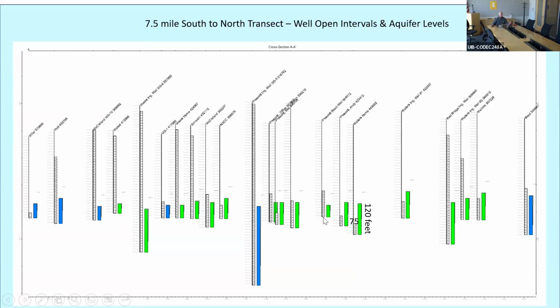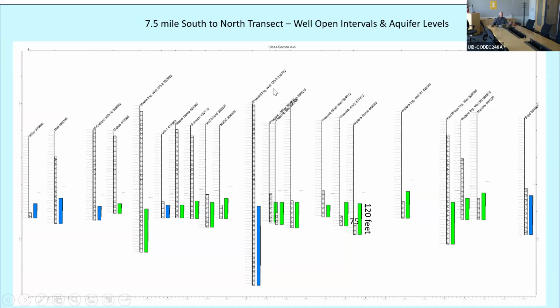Conversely, this well here, its open interval, which is these little horizontal lines, is open to the top portion of the aquifer, and then a variety of in-betweens all across here. And so all of these had very similar breakthrough curves, as you saw earlier, regardless of whether they were withdrawing water from 100 feet down or, let's say, 25 feet down below the water table in that area.